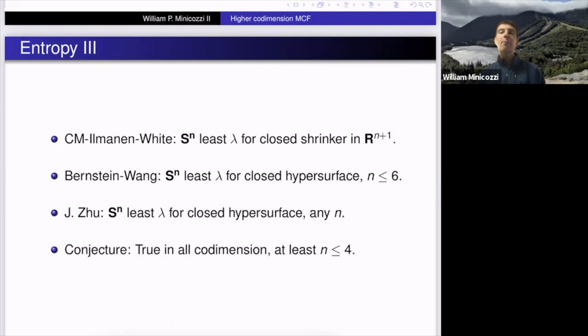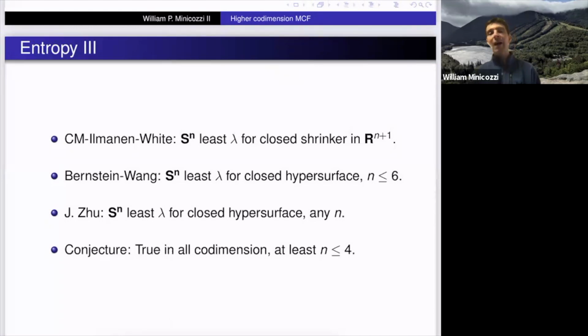There might be area minimizers that have different properties. Jacob Bernstein and Lu Wang proved this conjecture up to dimension 6. A couple of years after that, Jonathan Zhu proved that it was actually true in every dimension, even the high ones that we hadn't dared to conjecture it for.